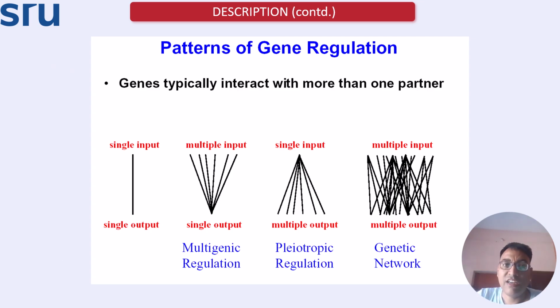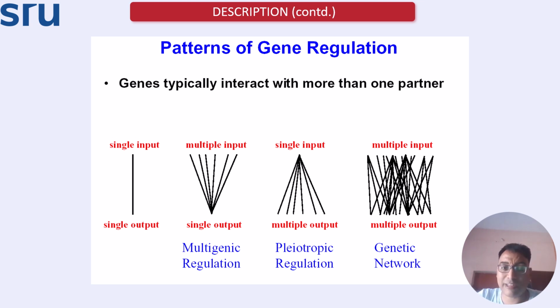See, in this slide, I'm showing you genes typically interact with more than one partner. Multiple different proteins are constantly under control of several different enzymes, which are the key hubs. So major regulatory control is done by several different enzymes. Sometimes there is single input, single output. One protein is passing on the message to some other protein, and it's properly governed.